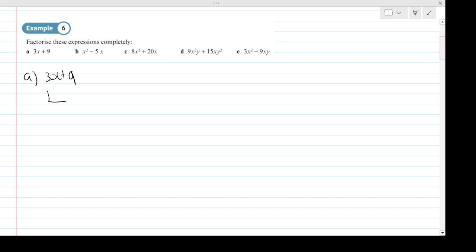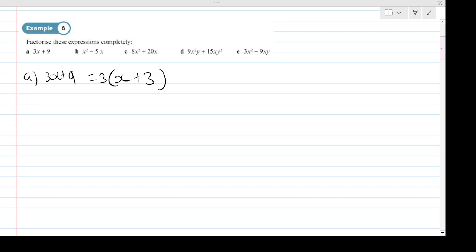In this case, it's a fairly simple case, but we can see that 3x and 9, well, 3 goes into both terms, right? If we factor out the 3, well, 3 times x would be 3x, so it'd just be x. And then 9, how do you get from 3 to 9? 3 times 3 is 9.